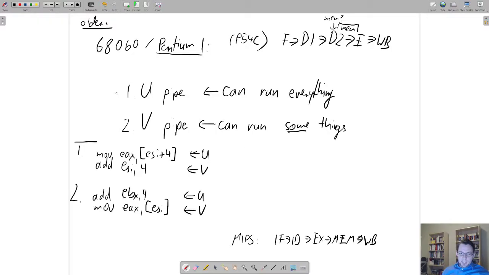The later MIPS designs riff off this; they're still based on it. There, the memory operation starts after the execute cycle. In fact, the execute cycle for memory operations does the address calculation, like this ESI plus 4 on x86, or what would be the corresponding addressing mode on MIPS. On MIPS, that part of the calculation happens in EX, and then the actual memory access happens afterward.